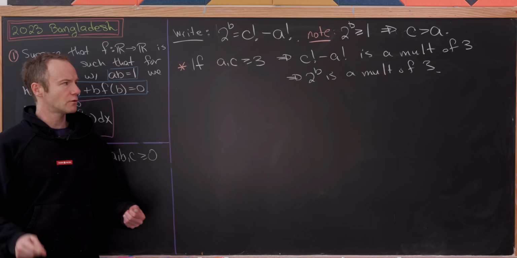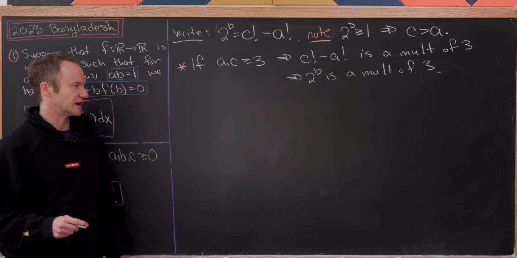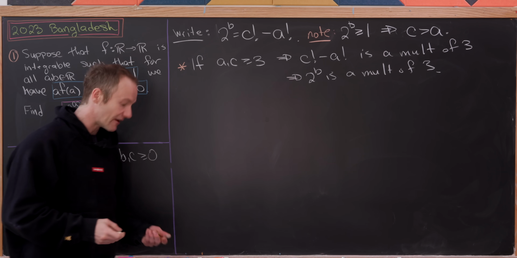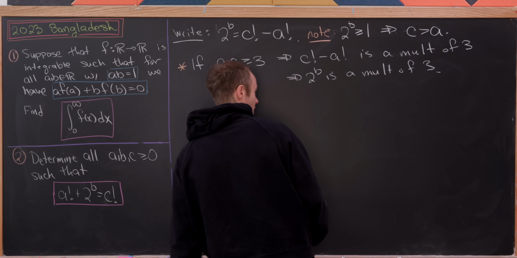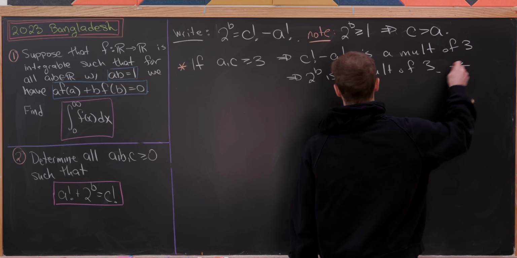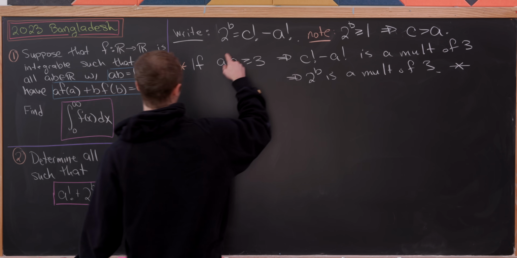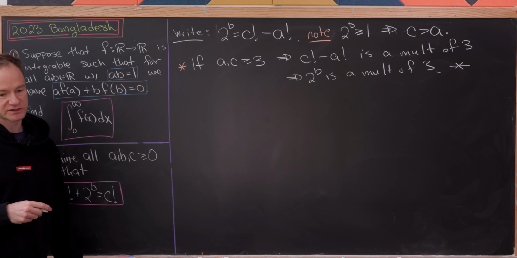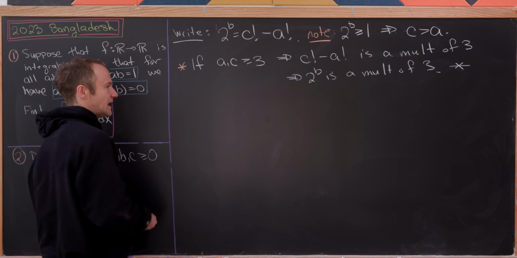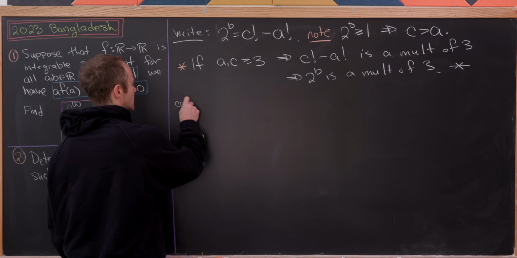But then, well, really by the fundamental theorem of arithmetic, we know that a power of 2 can never be a multiple of 3. So that gives us a contradiction here. So in other words, we cannot have this setup where a and c are both bigger than or equal to 3. Okay, so now let's do a little bit of casework.